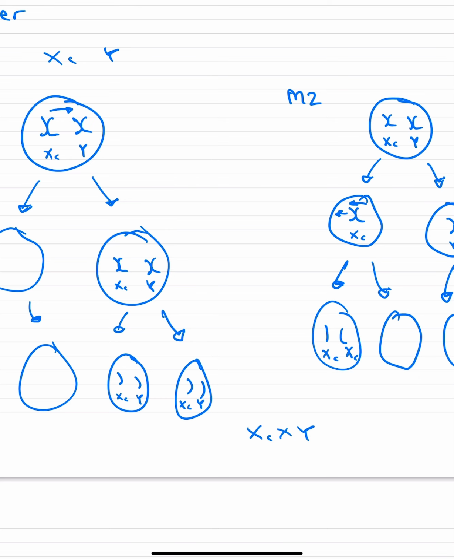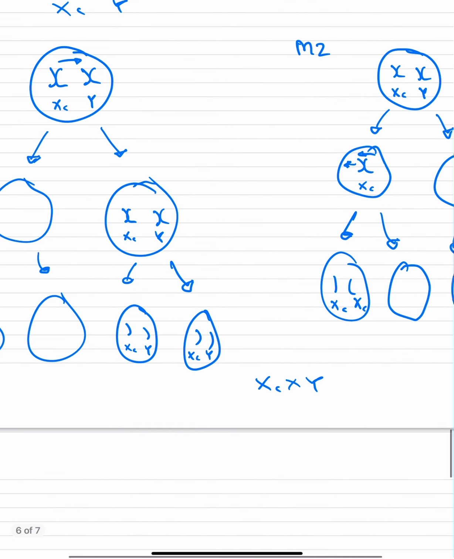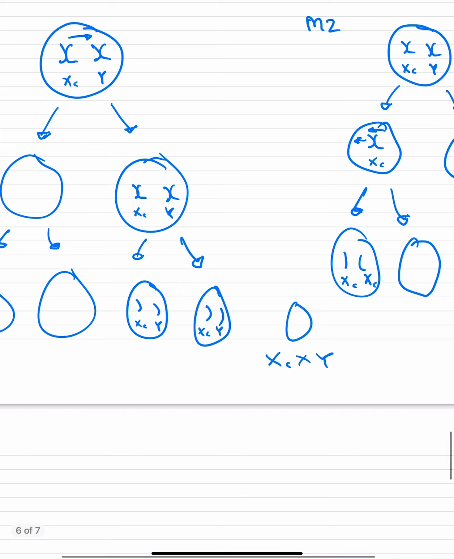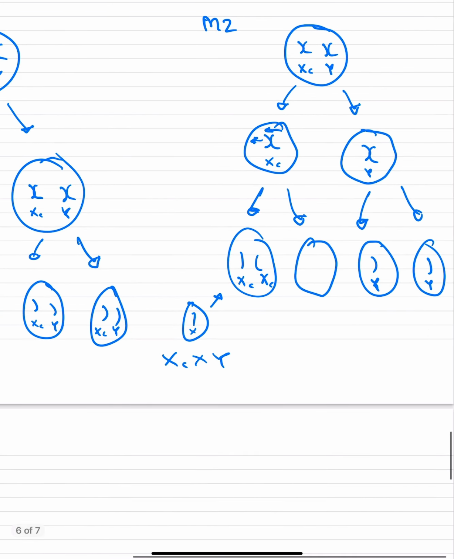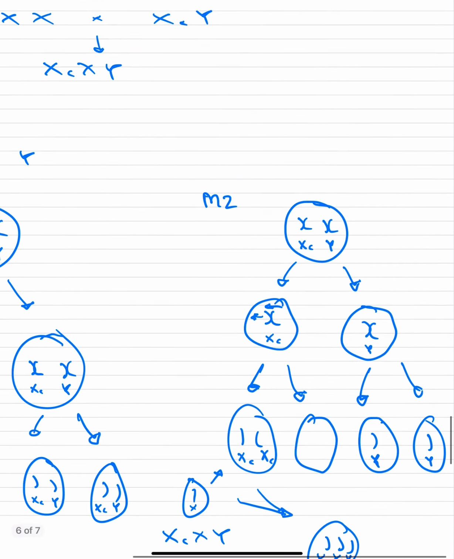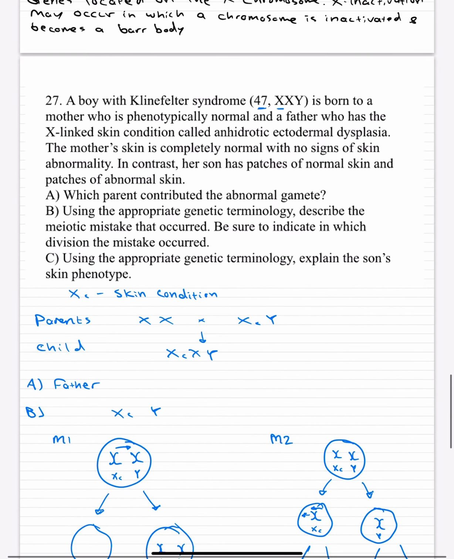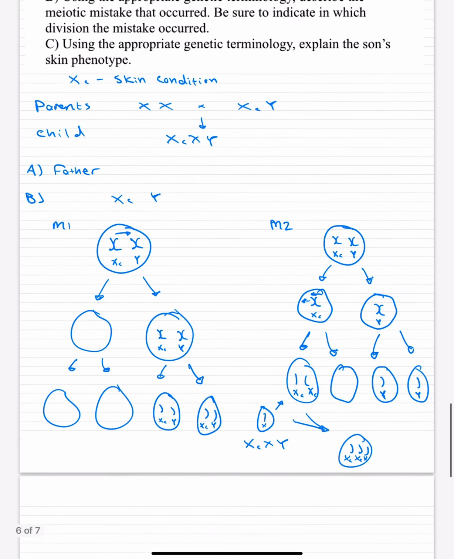XCXY. We know that the mother is just going to pass on an X chromosome. So the mother is just going to have a cell with an X. So I should probably just draw it like this. If we were to include it with this cell right here, we would then have an individual who has 3 X chromosomes. We know that this individual is a boy, meaning that he has a Y chromosome.